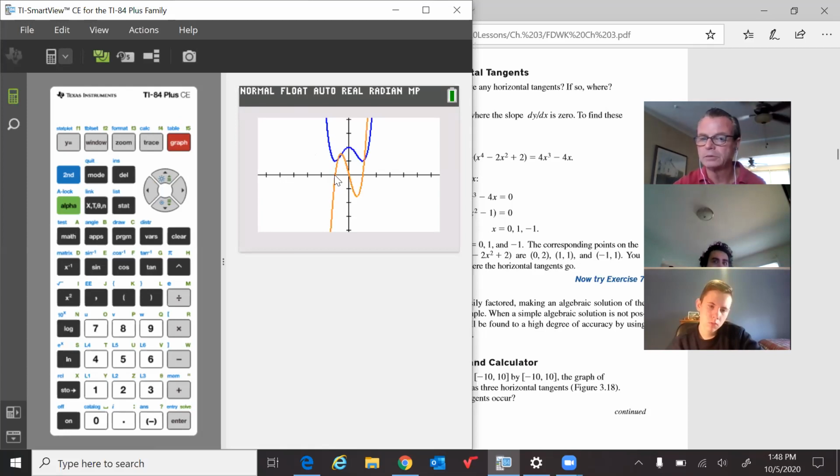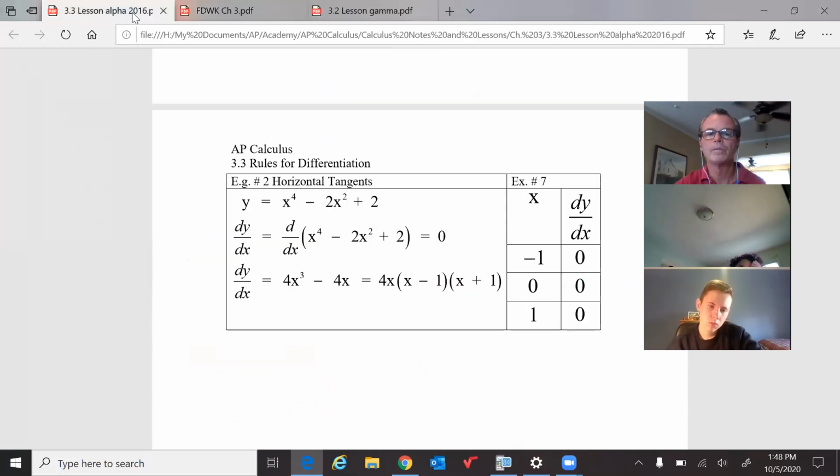The orange line has a height of 0, and there's a horizontal tangent above it. At 0, the orange curve has a height of 0, and there's a horizontal tangent for the parent graph above it. At 1, the derivative is 0, and above it is a horizontal tangent to the parent graph. Okay? So that's your model, and you're going to go to problem number 7.